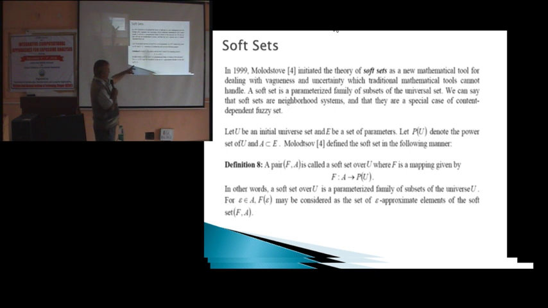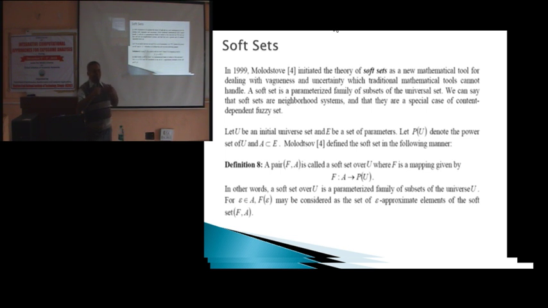Power set contains all its subsets, and according to your parameter, some subsets will be selected based on your choice, and this choice will depend upon your perception. So we are modeling perception here.